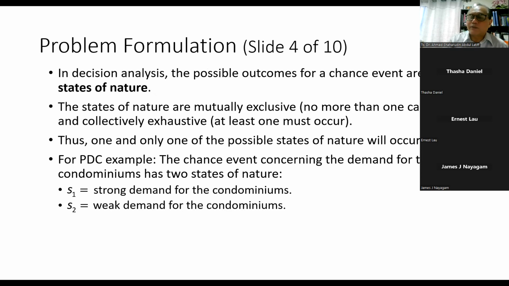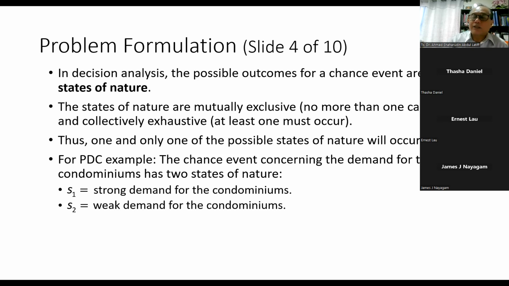The possible outcomes for the chance events are the states of nature. States of nature are defined as mutually exclusive and collectively exhaustive, meaning no more than one can occur, and at least one must occur.